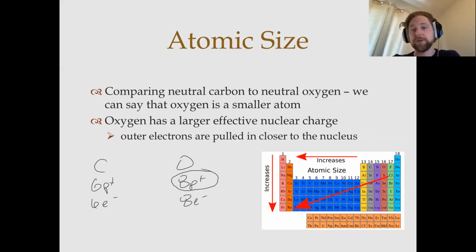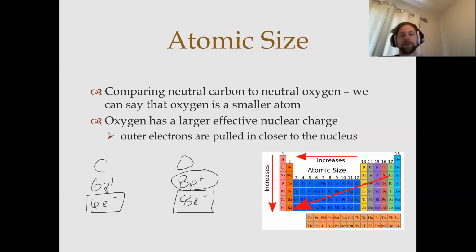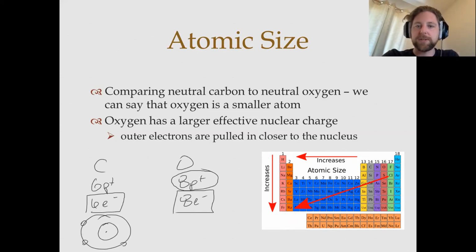It has a stronger nucleus. These 6 electrons and these 8 electrons are very close in electron configuration. They're both on period 2, so they both have 2 energy levels. Carbon has 4 valence electrons, 2 being inner core electrons, so the 4 are outer valence electrons.